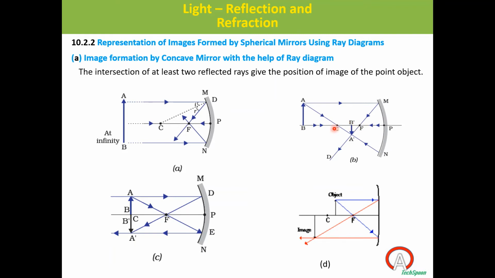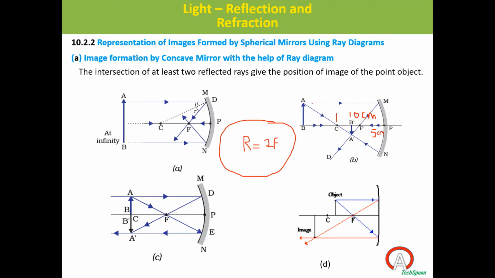F should be between C and P. Radius of curvature R is equal to 2 times the focal length. That you know, we already studied. So when drawing, if you take the radius of curvature as 10 centimeter, you take the focal length as 5 centimeter.